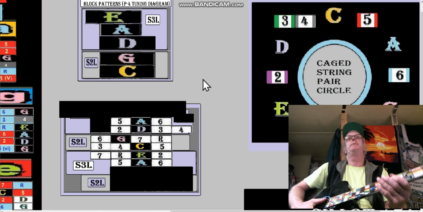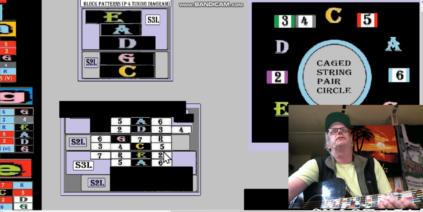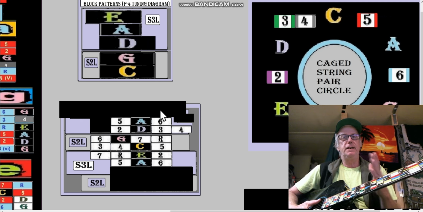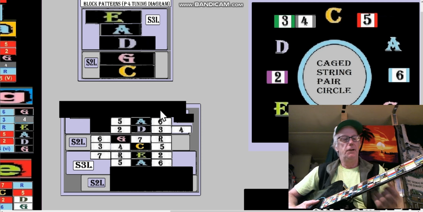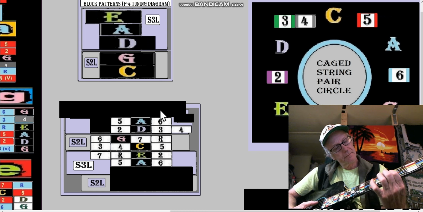We would just remember the top part of an S3L. So we've got the top two strings of an S3L, an S2L there, and then the bottom two strings of an S3L. So we start 5, 6. Remember, DAE is an S3L, so it's AE. Where are we going to start?